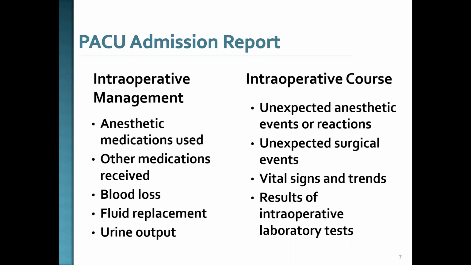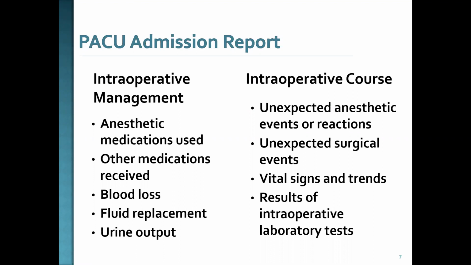This table also contains report information that you would want to get both intraoperatively and during the course and for management. So we would want to be sure to know the anesthetic medications used and pass that on to the person taking over. Blood loss estimated in milliliters, what we replace that blood loss with, what types of fluids.